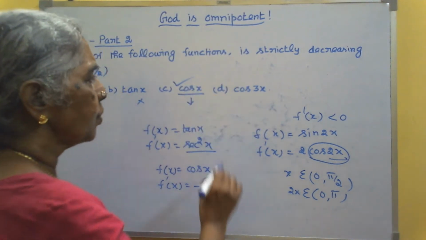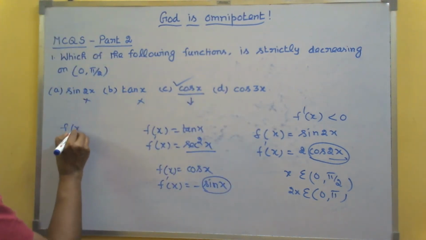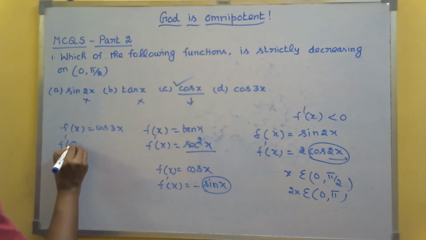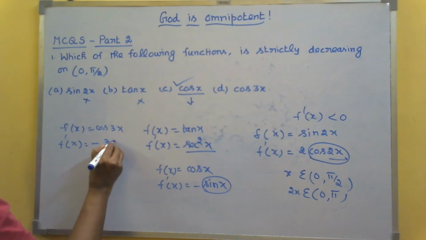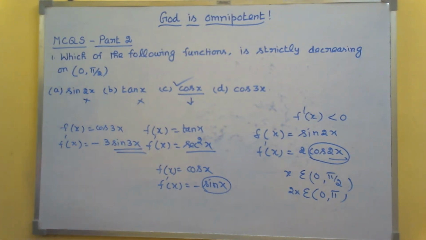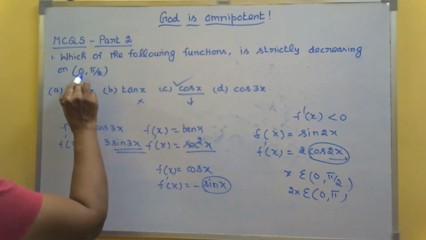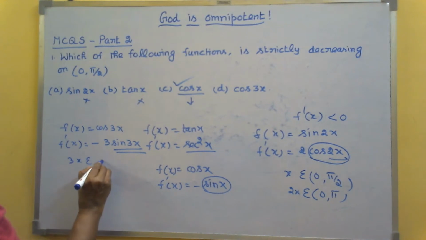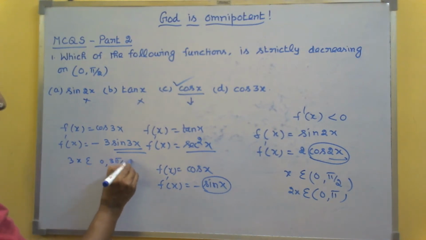Now, if f of x is equal to cos 3x, then f dash of x is equal to minus 3 sin 3x. Now, when you come to sin 3x, x belongs to 0 to pi by 2, so 3x will belong to 0 to 3 pi by 2.